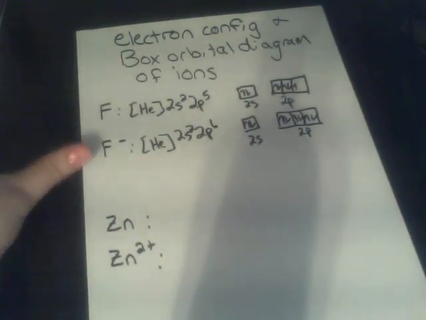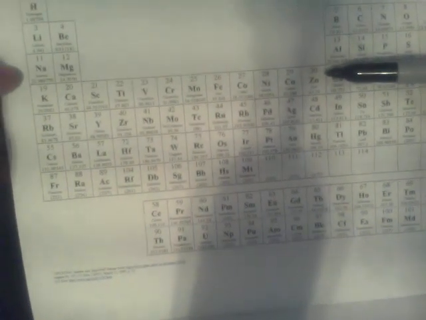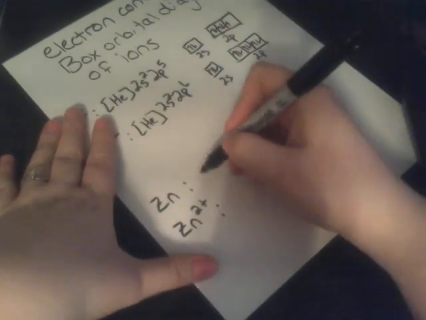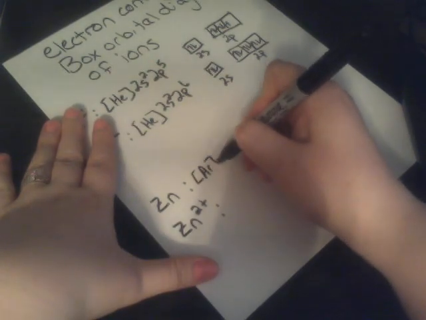For zinc, on the other hand, let's check him out. Zinc is right here in the d block, in the 3d block, and it looks like the noble gas that was finished before him is argon. So argon, put it in brackets, let's count.